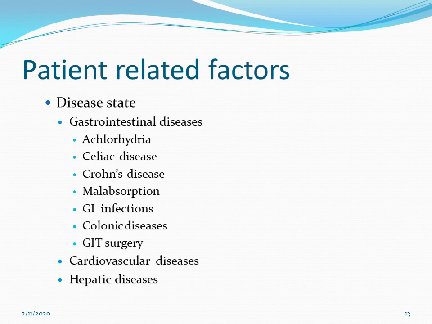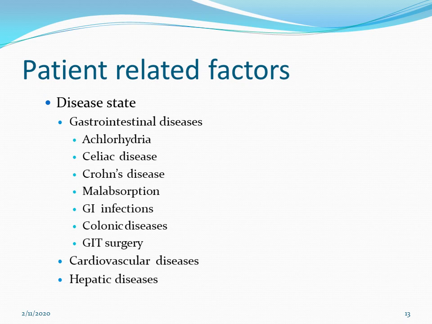Disease state. There are three disease cases we are going to discuss, that is gastrointestinal diseases, cardiovascular diseases and hepatic diseases. Gastrointestinal diseases, for example, achlorhydria. Achlorhydria is nothing but an absence of acid in the stomach, which alters the dissolution as well as the absorption of certain drugs.